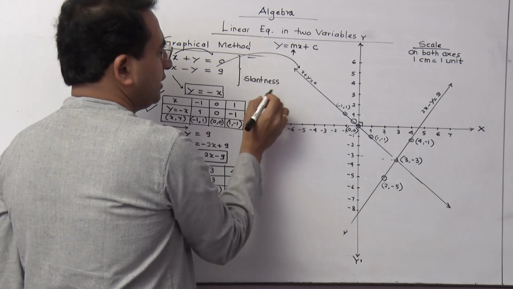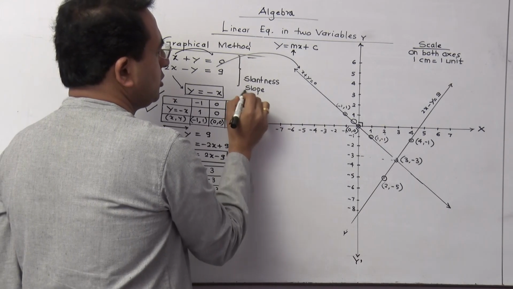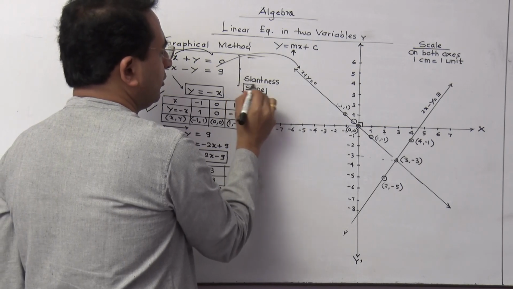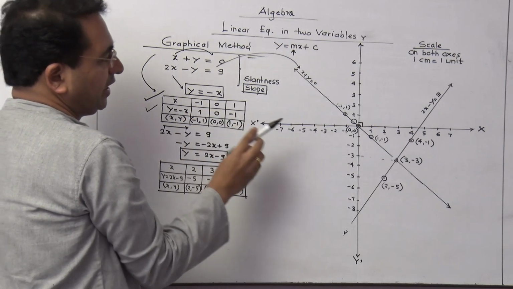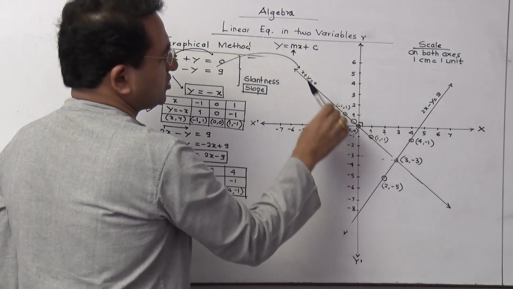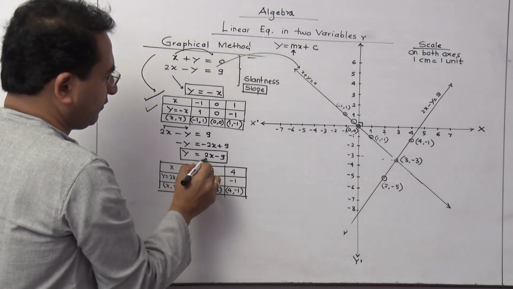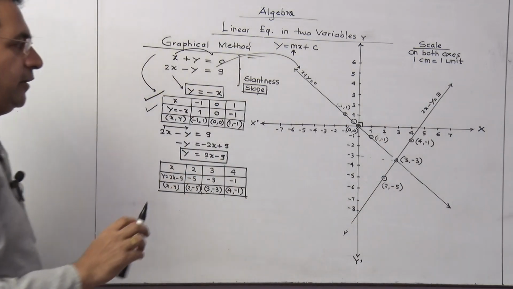In the coordinate geometry chapter, we were having a part which is slope. Now that is deleted from the syllabus. But then slope has the same meaning here. If it is negative, then the line will be inclined like this. And here 2 is positive, so the line will be like this. So whatever we have drawn is right.